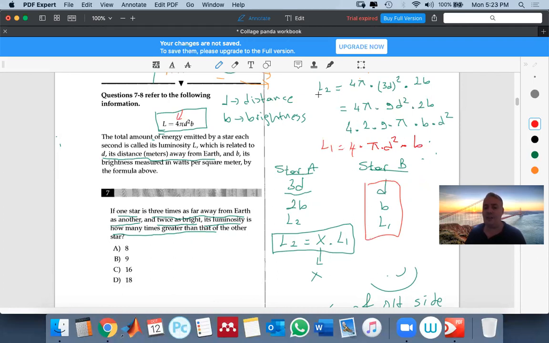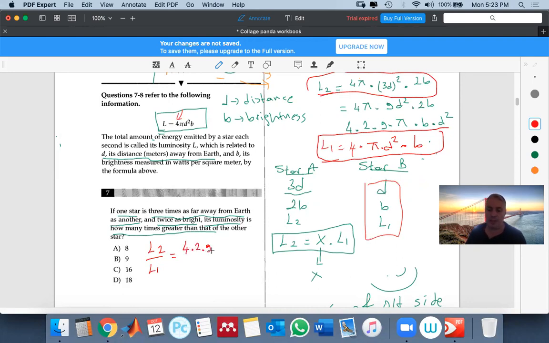Now this is L2, this is L1. If I divide L2 by L1, what will be? I divide this one with this one: 4 times 2 times 9 times pi times b times d squared divided by 4 pi d squared b. It's so simple.